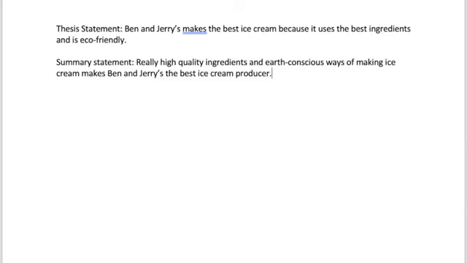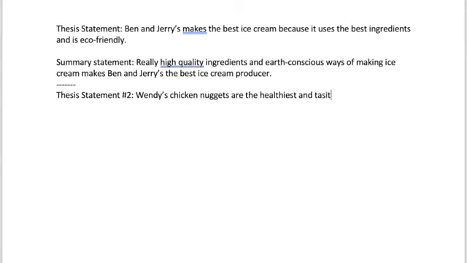Let's try a summary statement using a different example. My second thesis statement, which is one that I've liked to use in previous years, is that Wendy's chicken nuggets are the healthiest and tastiest fast food chicken nugget.